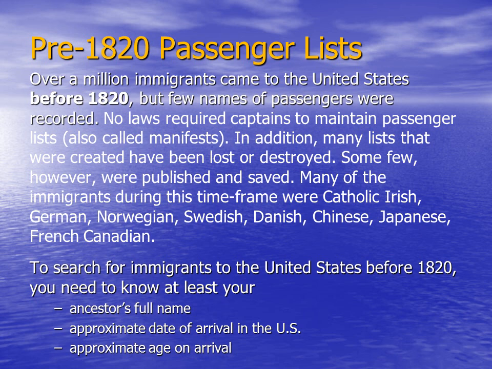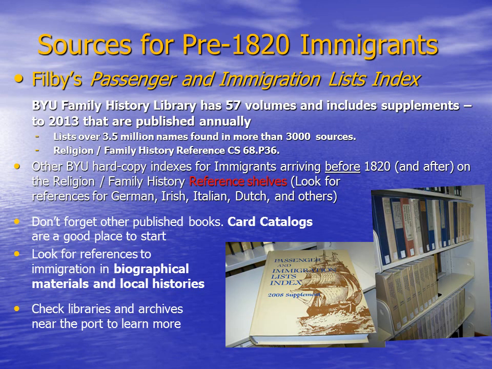To search for immigrants to the United States before 1820, you need to know at least your ancestor's full name, an approximate date of arrival in the U.S., and an approximate age on arrival. The best place to find pre-1820 lists is primarily hard copy, but some internet sources do exist.